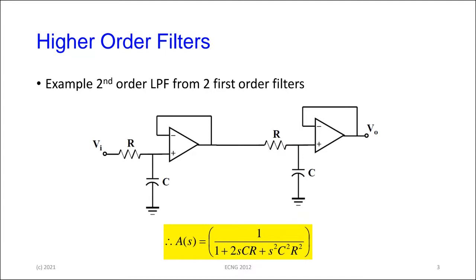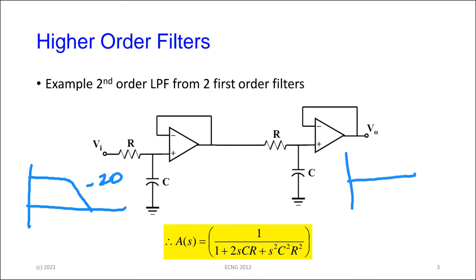So the transfer functions are there, and what you would expect, of course, this is a first order, so the response is minus 20 dB per decade roll-off. This one has another minus 20 dB here. But both of them are sharing the same cutoff frequency.